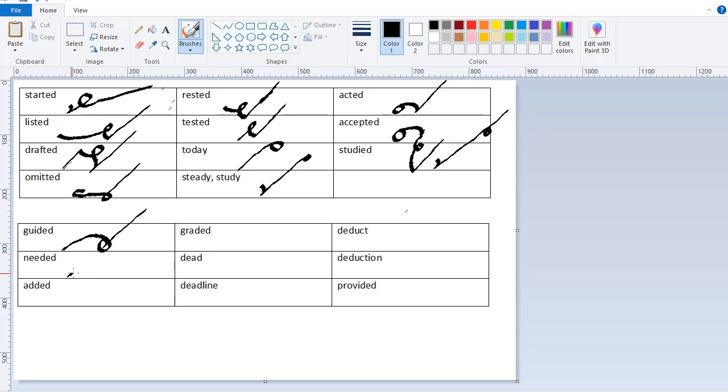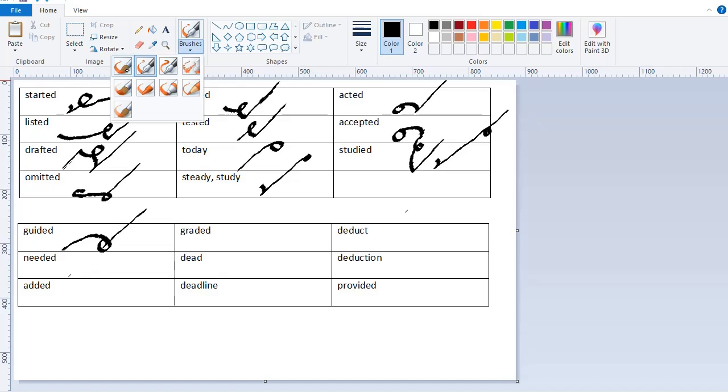Next, we have needed. So, we have knee, and again, we have N, and then we have E, and then we have dead. Needed. Parang ang laki. Ano ba yan? Wait lang, ha?